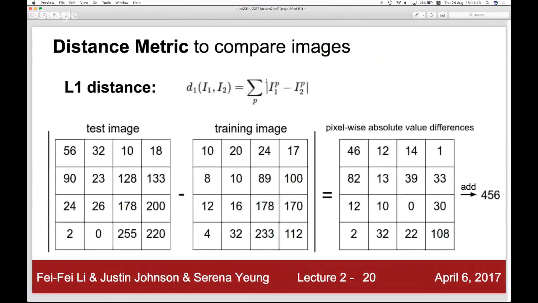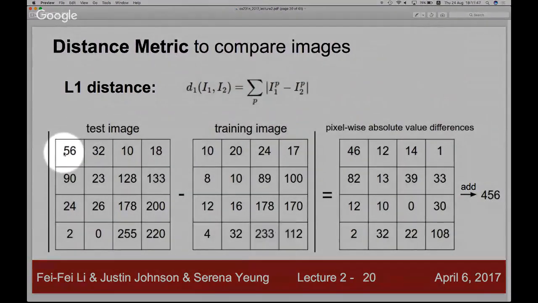Here was the L1 distance defined, where we would have a pixel and another pixel on a training image, and we were trying to compute this distance value. This distance value just tells us the distance between a test image and a training image, or any pair of images, computed as a pixel difference per pixel.